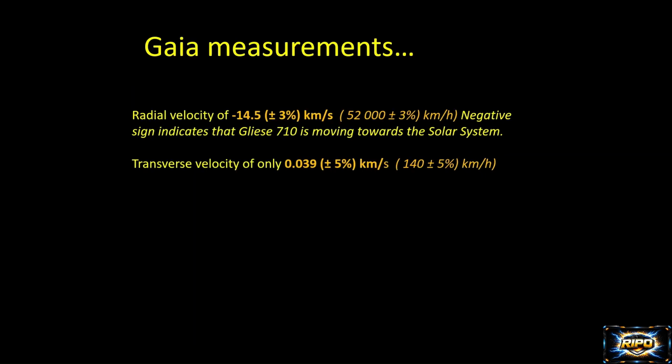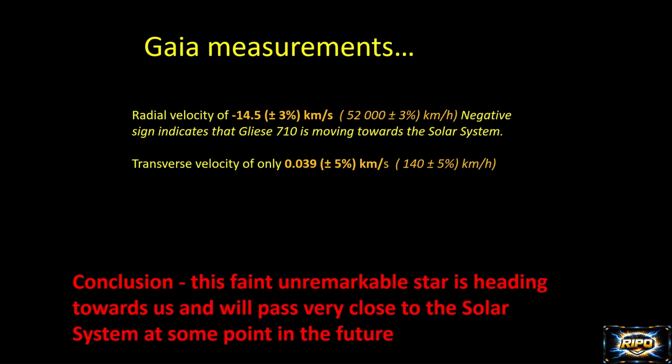Recent Gaia measurements have suggested that it's moving towards us at 52,000 kilometers an hour. And it's got almost no sidewards velocity. So the natural conclusion is it's heading pretty much straight towards us.